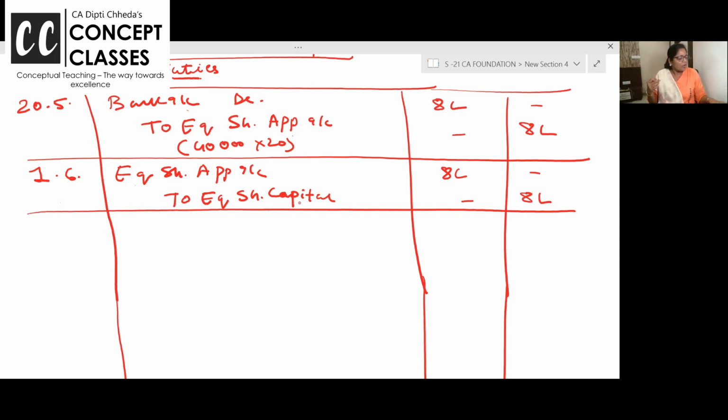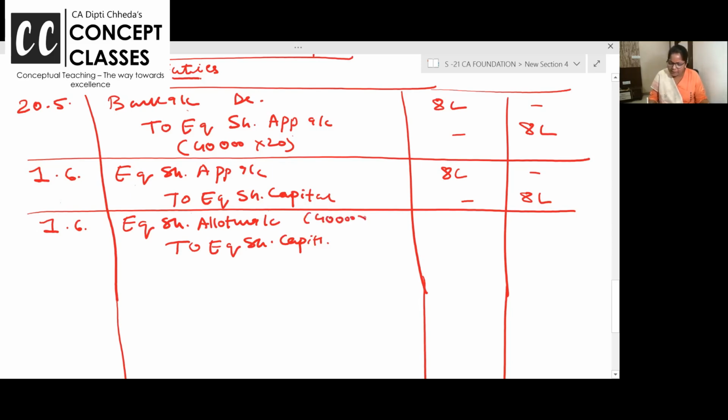Now, all the sums due on allotment were received on 15th of July. So before that, on 1st June, the same date, the day we accepted the application, can we make allotment due, equity share allotment due to equity share capital? Equity share allotment debit to equity share capital 40,000 into 30, 12 lakhs, 12 lakhs.